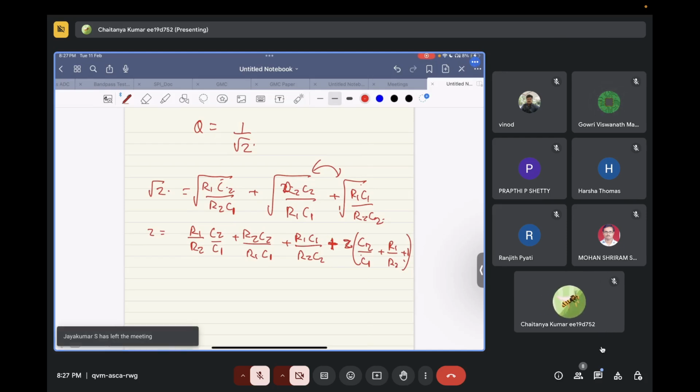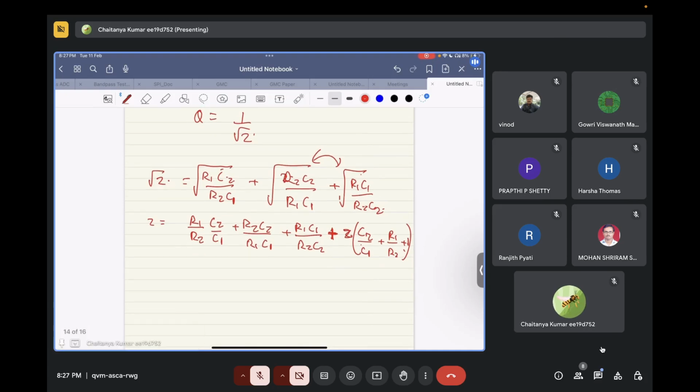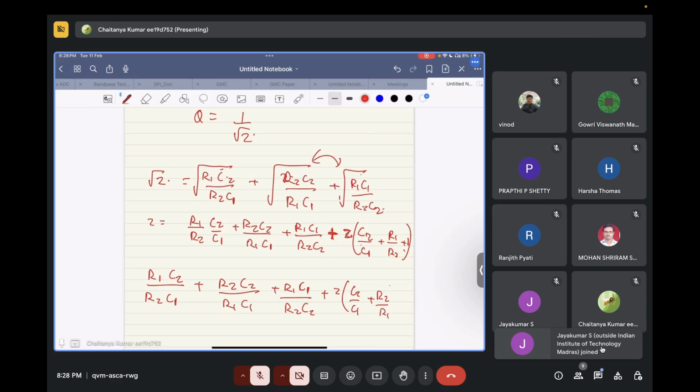Is this clear? So from here, what do we get? R1 C2 by R2 C1 plus R2 C2 by R1 C1 plus R1 C1 by R2 C2 plus 2 times (C2 by C1 plus R2 by R1 plus 2) is equal to 2. Right?